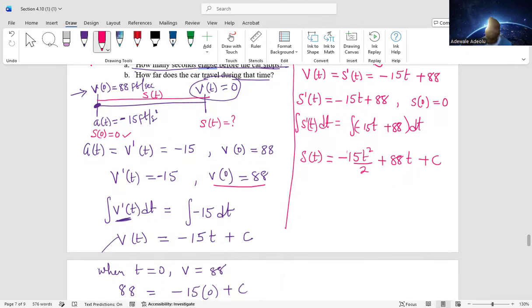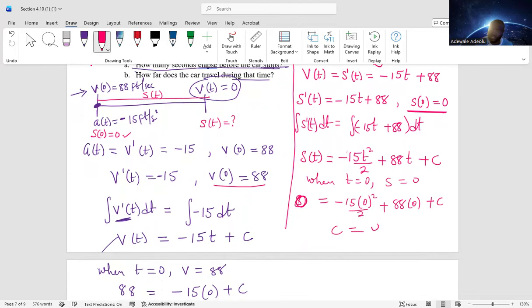To find c, that is where the initial condition comes in. When t is 0, s is 0. So we plug it in: 0 equals negative 15 times 0 squared over 2 plus 88 times 0 plus c.